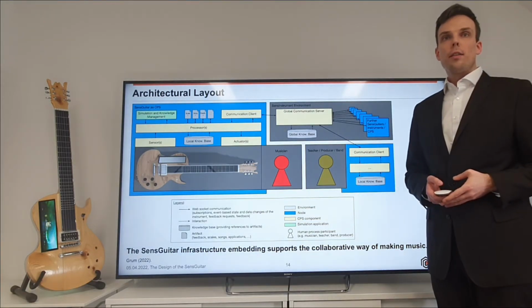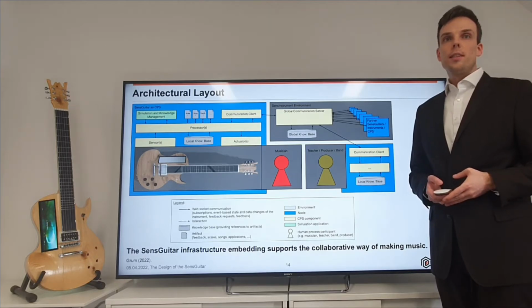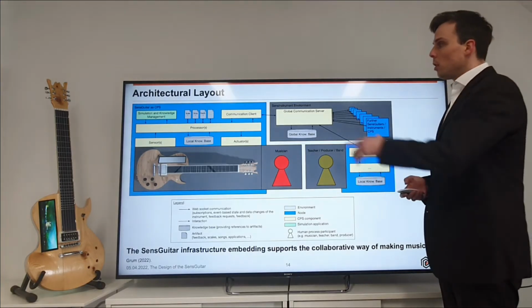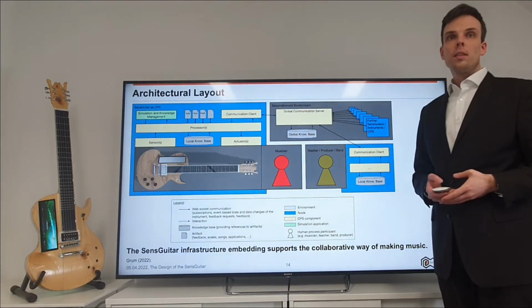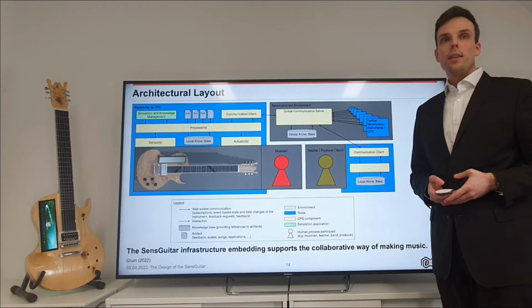Since the devices of these parties follow the same cyber-physical system structure as the SensGuitar, shown on the left, the guitarist's activities can be visualized on the remote device.